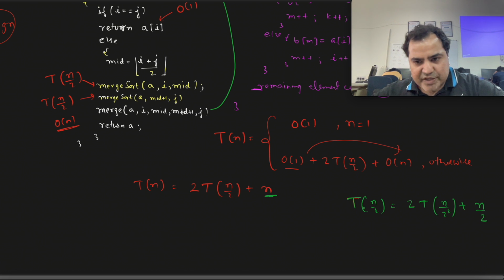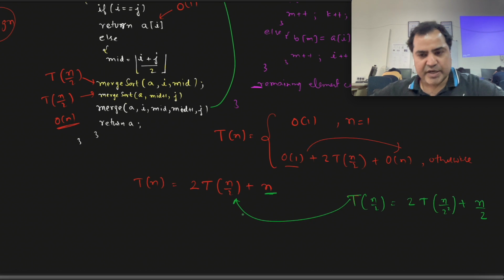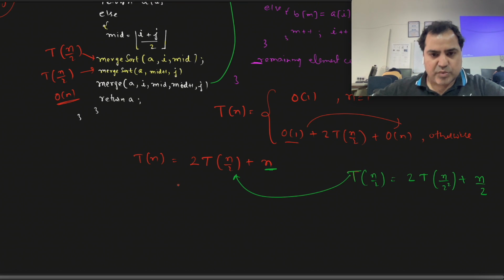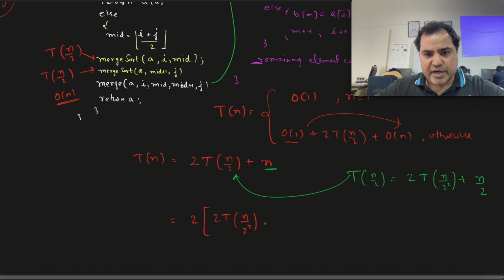Now if I substitute this T(n/2) here, the 2 stays outside, and I replace it with 2T(n/2 squared) plus n/2, plus the outside term, which has been copied here.